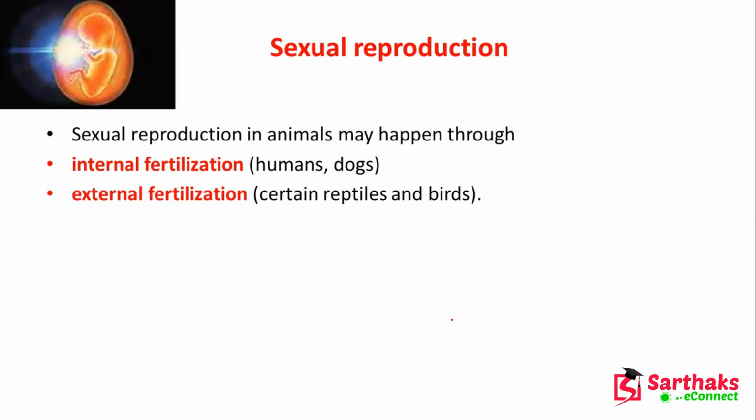Here you can see that humans and dogs do internal fertilization, because it happens inside the body, while reptiles and birds do external fertilization.